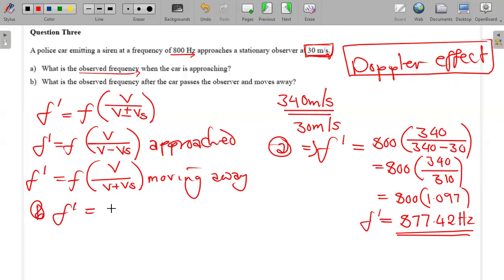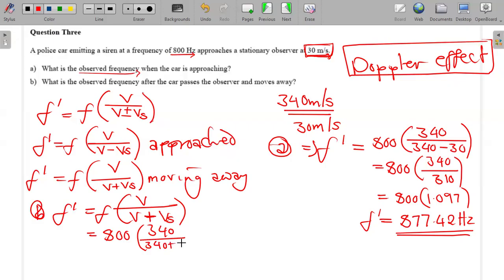will be the frequency of the source, speed of light over speed of light plus speed of the source, like that. Since now it's moving away, there's going to be a plus here. So this is going to give us 800 hertz, open brackets, 340 over 340 plus 30.